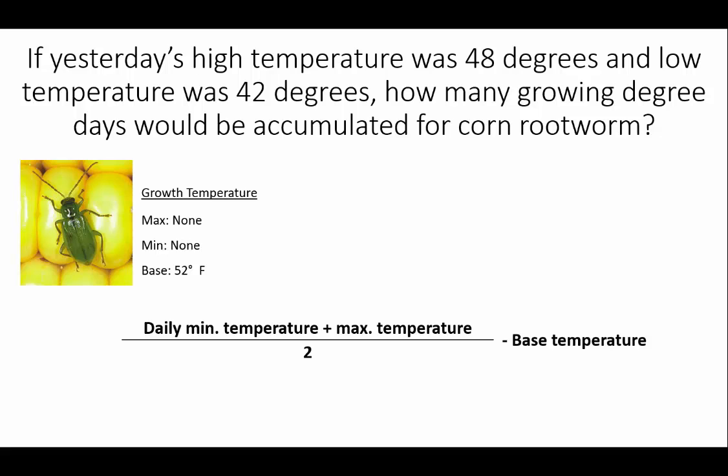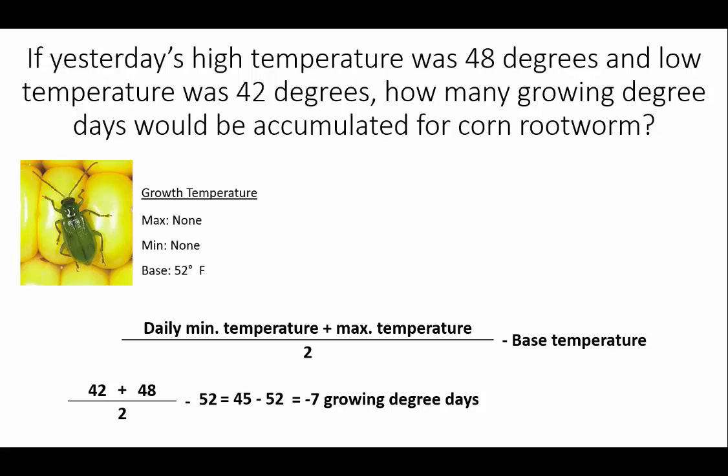So we will just insert the maximum and minimum temperatures as they are, 42 for the low temperature and 48 for the high temperature. Subtract 52 because that's our base when calculating growing degree days for corn rootworm. So 42 plus 48 divided by 2 equals 45, minus 52 for the base, and we get a total of -7 growing degree days. Is that right?